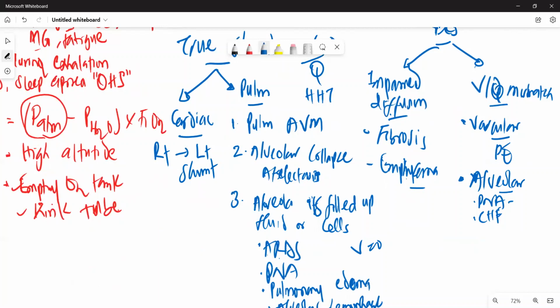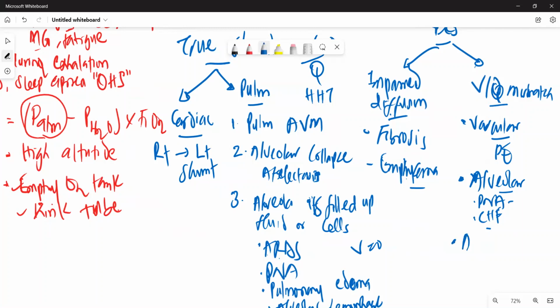The ventilation is mildly decreased because of those inflammatory cells that are filling the alveoli. So there's still some ventilation, but it's just decreased. The next example is also CHF. Same thing, maybe not really a bad CHF, maybe just some exacerbation of CHF, whereby the alveoli are also filled up with fluid, but not to the extent that the ventilation is now zero. So just a mild decrease in ventilation.